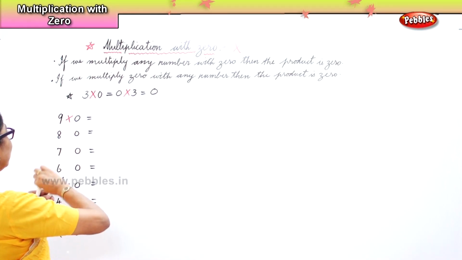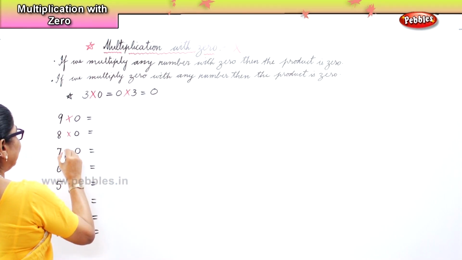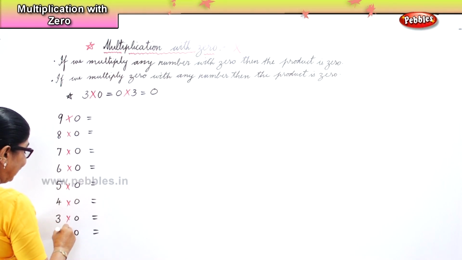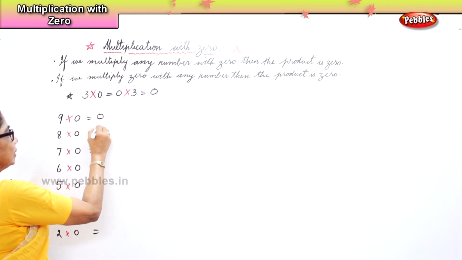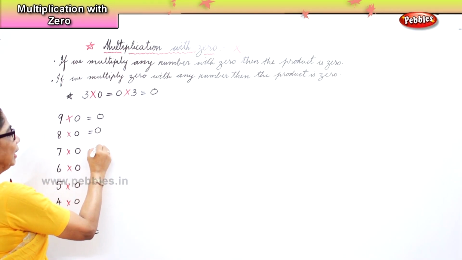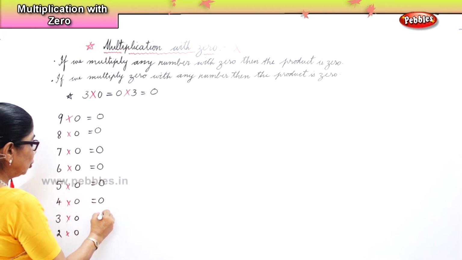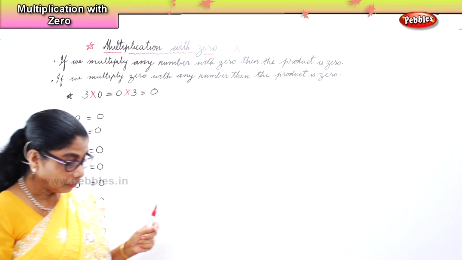The product, what you get, any number multiplied with 0, the product you will get is 0. So 4 into 0 is 0, 2 into 0 is 0. Alright.